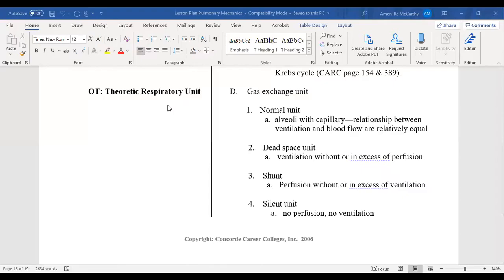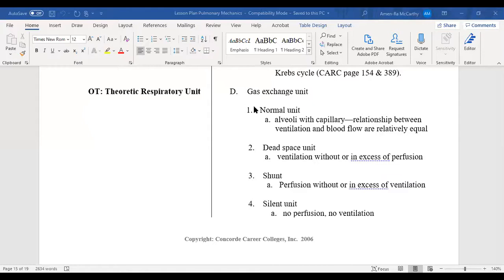Even though we talked about a lot of this, I'm going through the actual lesson plan, where we're now at gas exchange units. We talked yesterday about the different types of units: the normal unit, dead space unit, shunt unit, and the silent unit. Remember, a normal unit is when you have a good relationship between perfusion and ventilation.